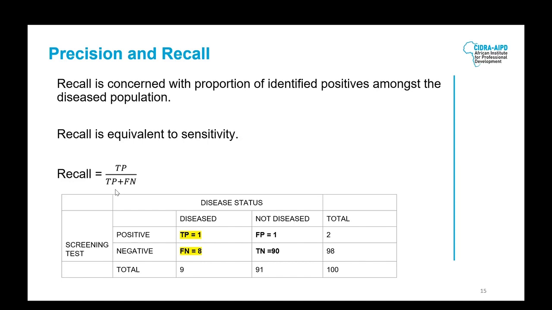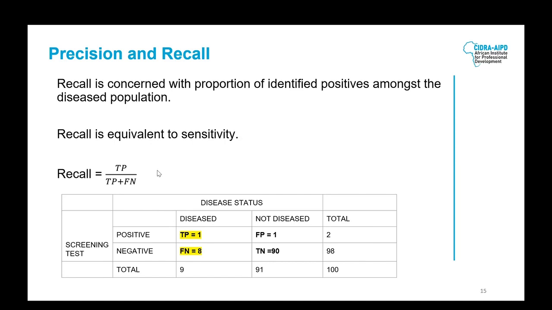And if the model gives 0 false negatives, that means recall is 100%. So recall is equivalent to sensitivity, which we also covered in our prior session 1. So using the same example, the model we are using has a recall of 1 divided by 1 plus 8, which is 9. In other words, it correctly identifies 11% of all diseased and positive patients, right?